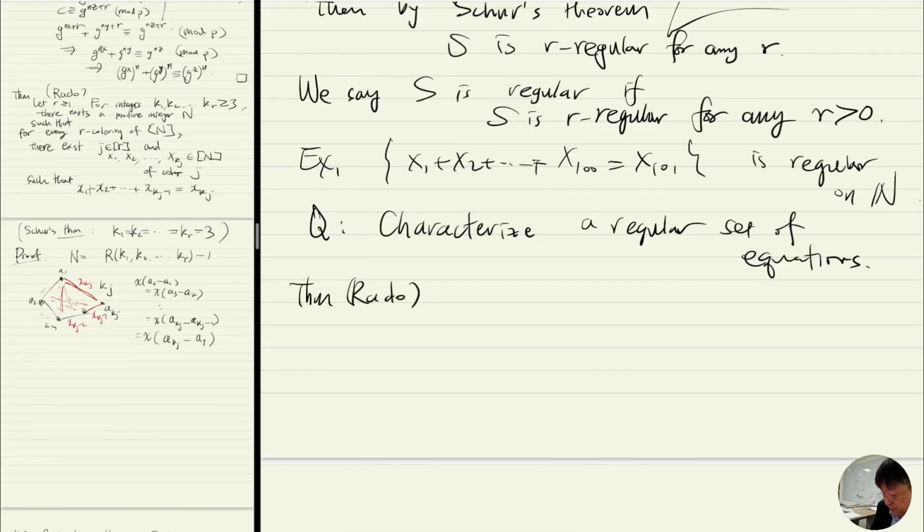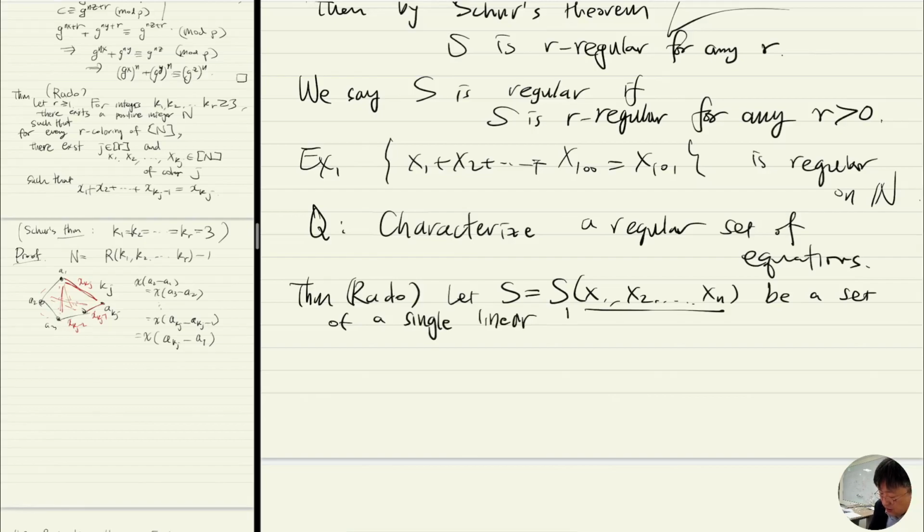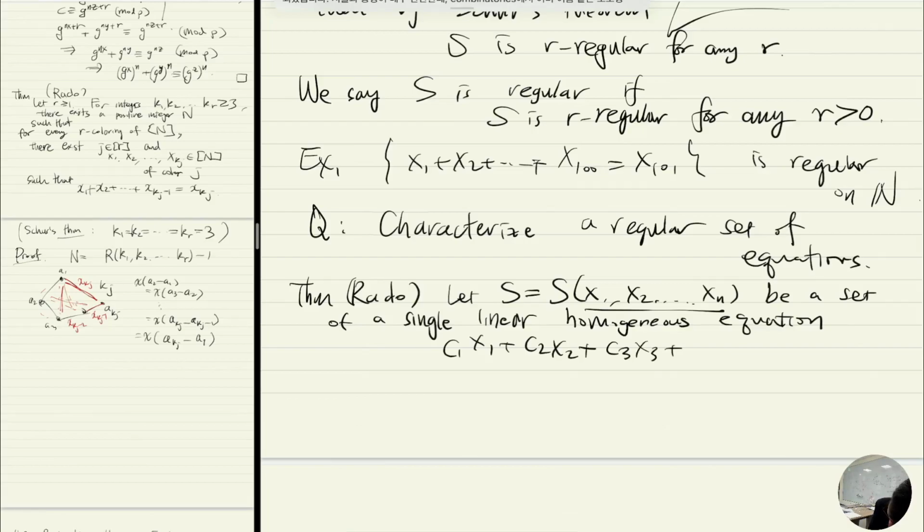Let me write S as notation. As a notation, we write this way. So this just means that you have variables from x1 up to xn. Let's say it's a single linear homogeneous equation c1 x1 plus c2 x2 plus ... plus cn xn is equal to 0.